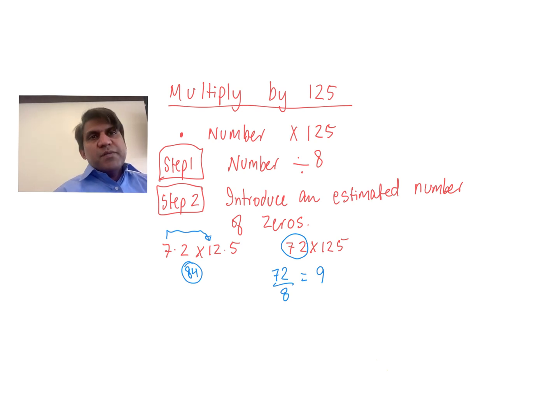Now I've got 7.2, which is a little bigger than 7, and I've got 12 and a half, which is a little bigger than 12. So I'm already at the 84 spot, and we know this is 9. So we'll bring in a 0, and we'll get 90.